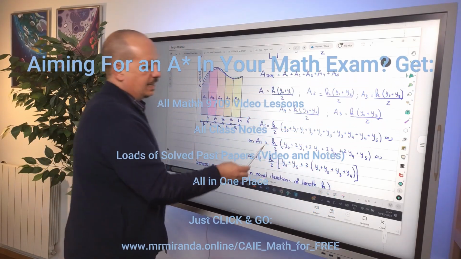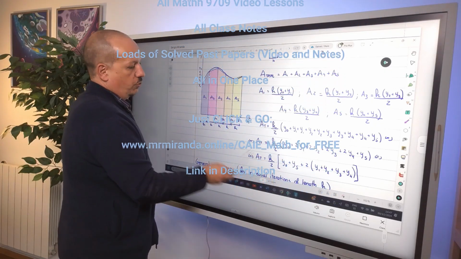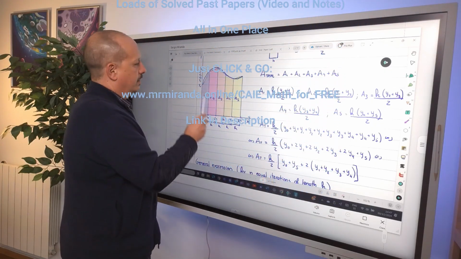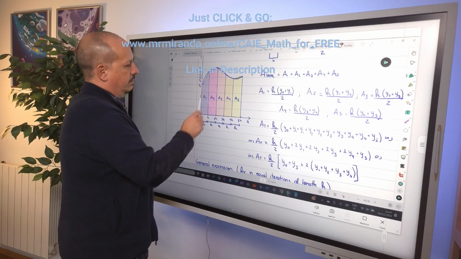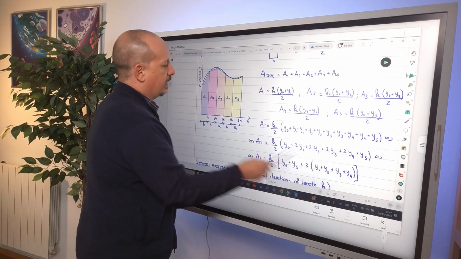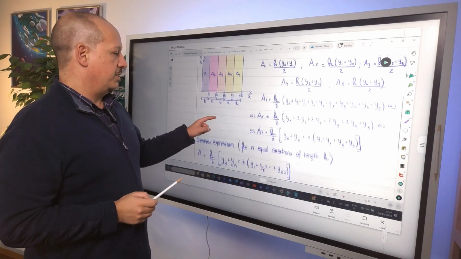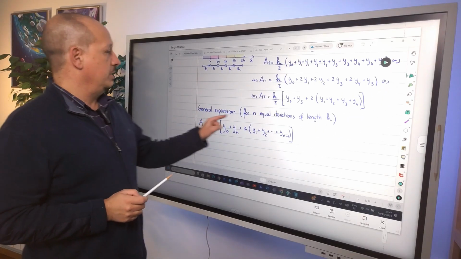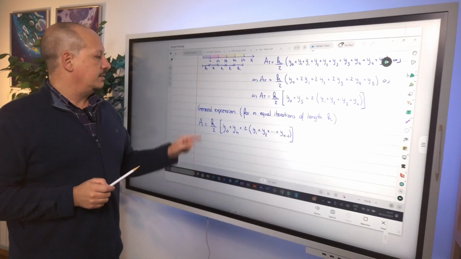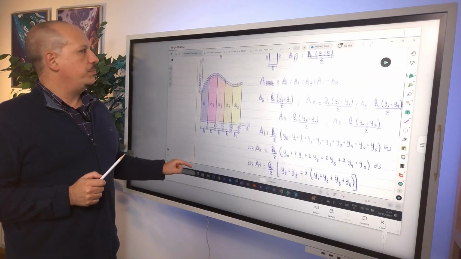So you can organize this like this. The total area is going to be h over 2 times, open brackets, the first height plus the last height plus 2 times all the other heights, okay? So this is the general expression for you to get the area under a curve using the trapezium rule.